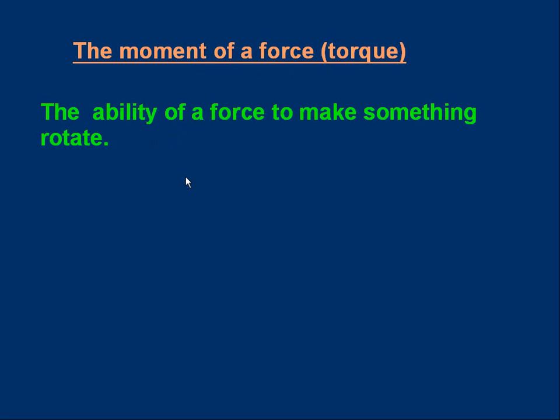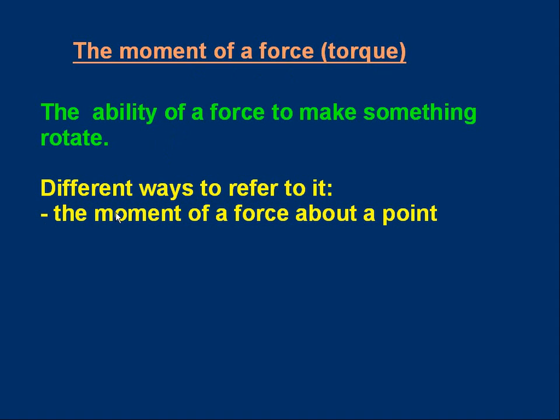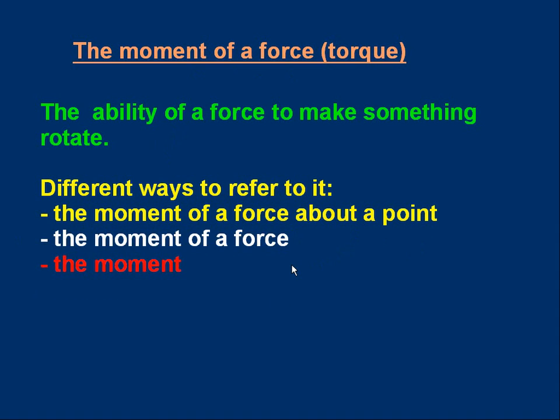And we use different expressions when referring to it. We could say the moment of a force about a point, or the moment of a force, or just the moment, or sometimes we use the term torque, and torque is another word meaning moment of a force. I'm going to stick to using the word moment most of the time.